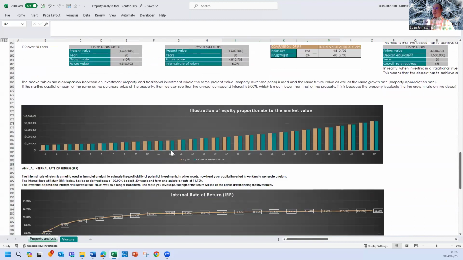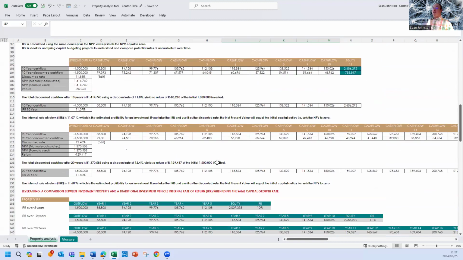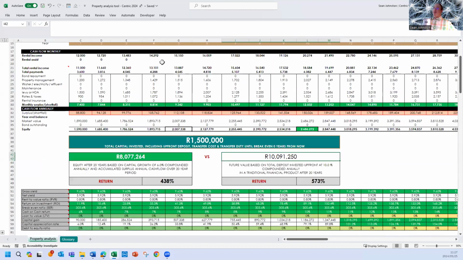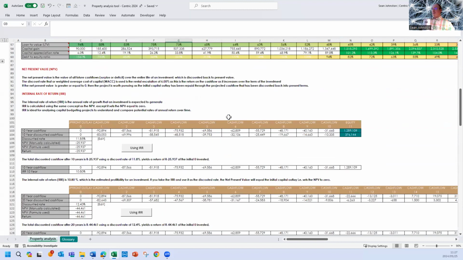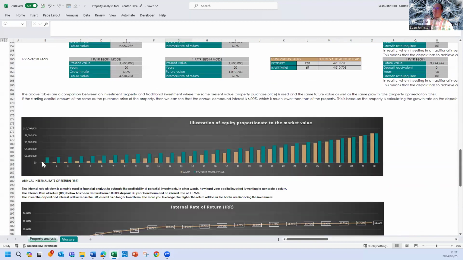Just bear in mind, the equity equals market value if it's cash, because obviously there's no bond. On the converse of that, if I were to get this at 100% finance, leveraging 100% from the banks, you will see here that the equity is 0, and eventually it gradually builds up to the point where your equity equals your market value because there's no outstanding bond.